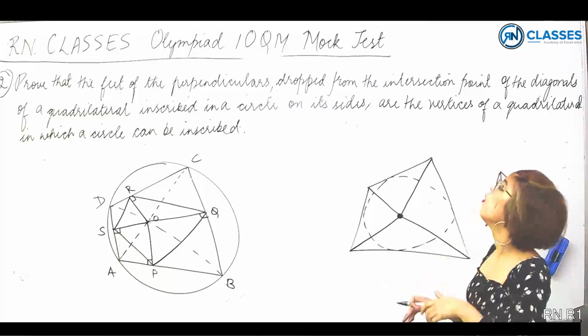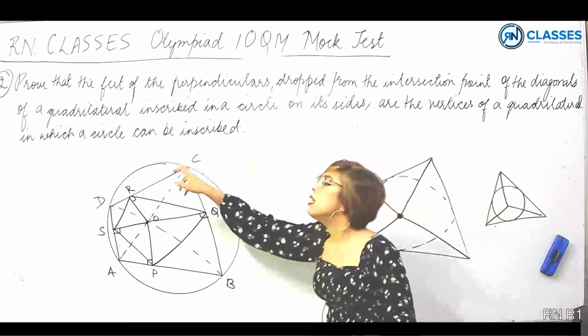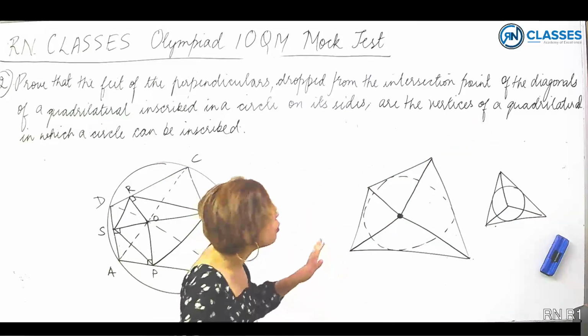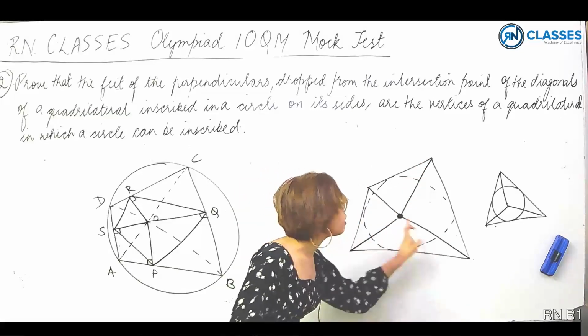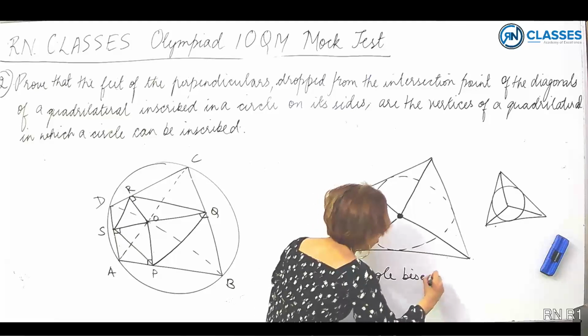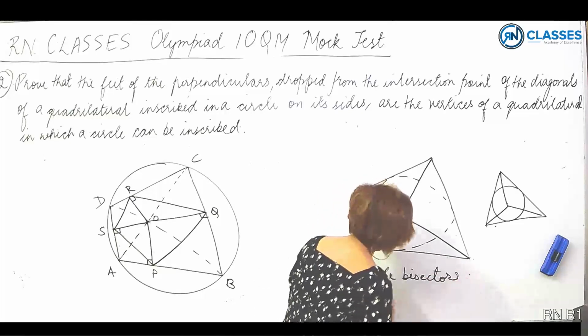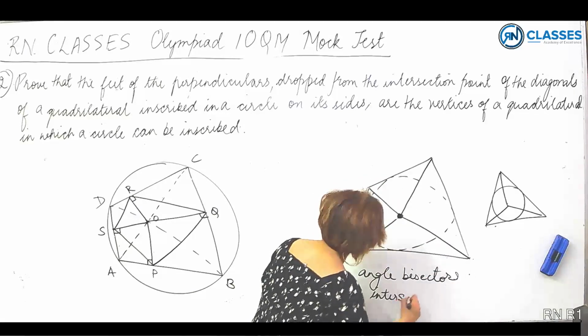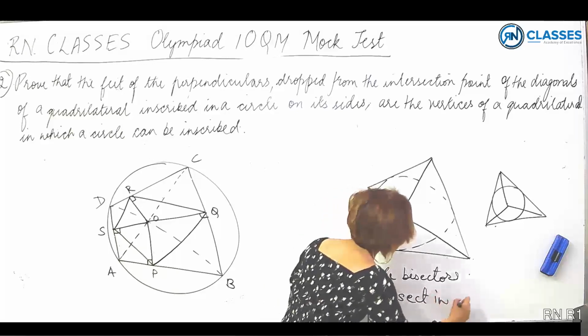So if I need to prove the quadrilateral can have a circle inscribed in it, I need to prove that the angle bisectors should intersect in a point. Intersect in a point. I need to prove this.